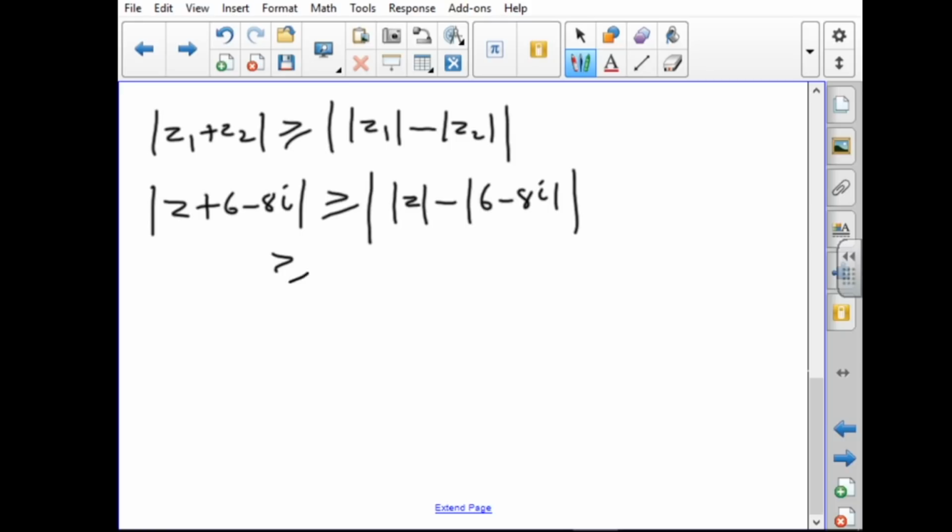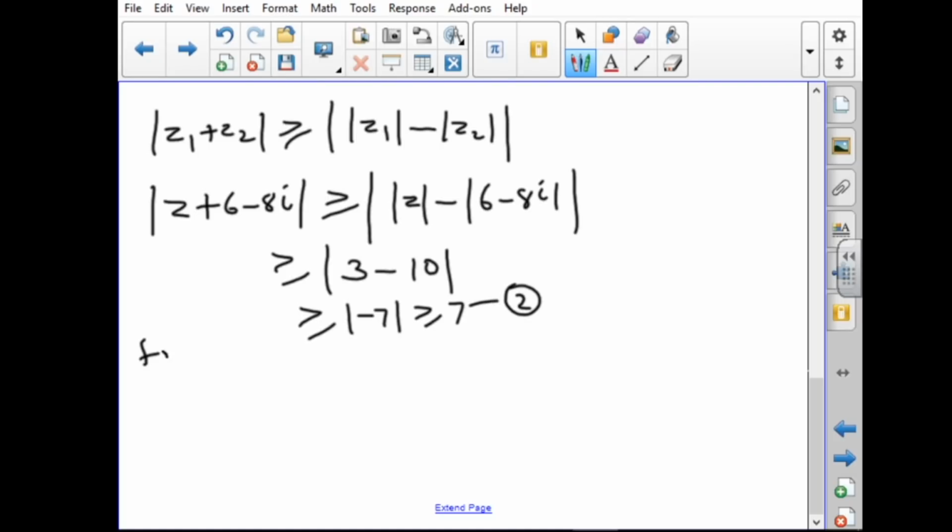Modulus of Z is given as 3, and modulus of 6 minus 8I we have seen is equal to square root of 100, which is 10. Therefore, it is greater than or equal to modulus of minus 7, which gives us greater than or equal to 7. So, you take this as number 2.